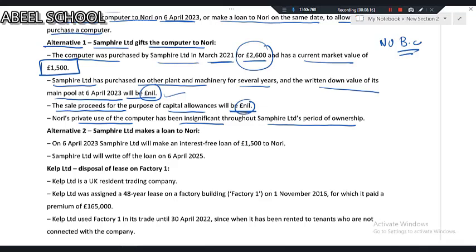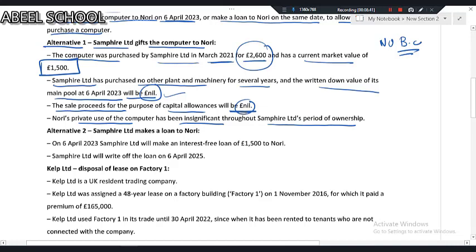Third, now what is happening? Noori is also an employee of the company. When the company gives the computer, whose market value is 1500, as a gift to the employee, it is obviously taxable.